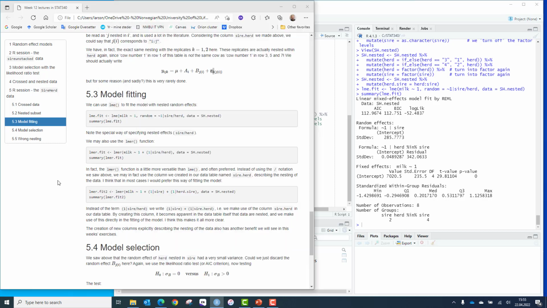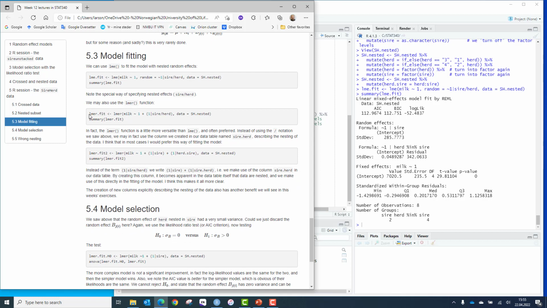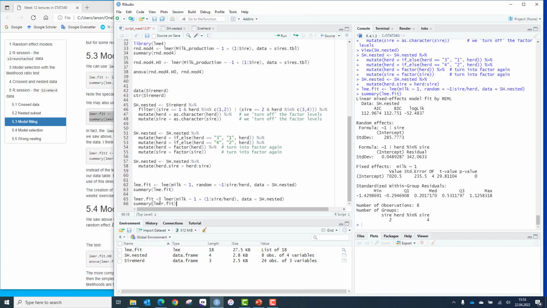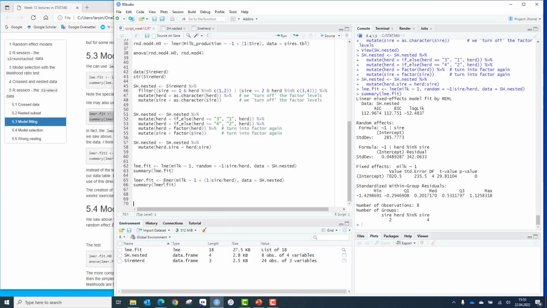Okay, let's see how this other lmer function does it in R. This is an alternative that we saw previously for fitting mixed models from the lme4 package. And it's slightly different, but also very similar in a sense. So we fit an lmer model, the same response, the same intercept.